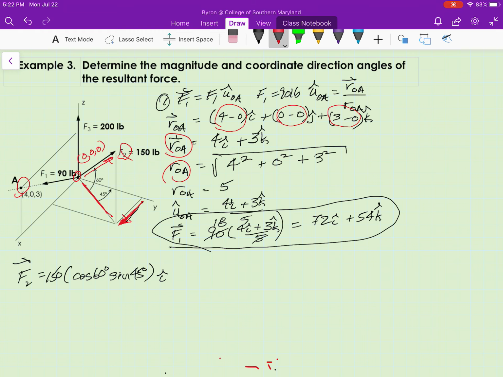Remember that this is a right angle here. So I'm taking the magnitude of F sub 2, multiplying it by the cosine of 60.